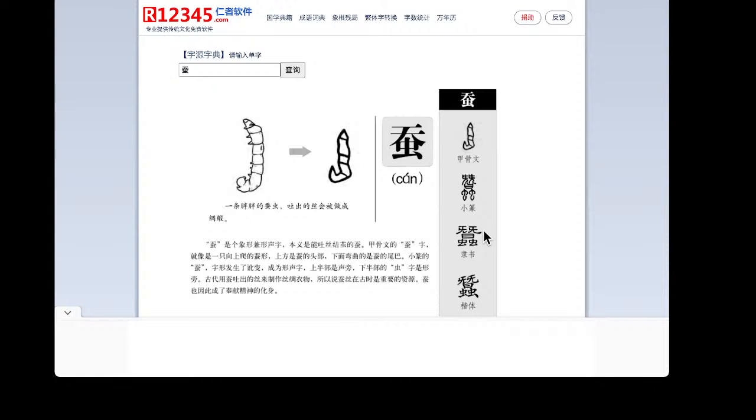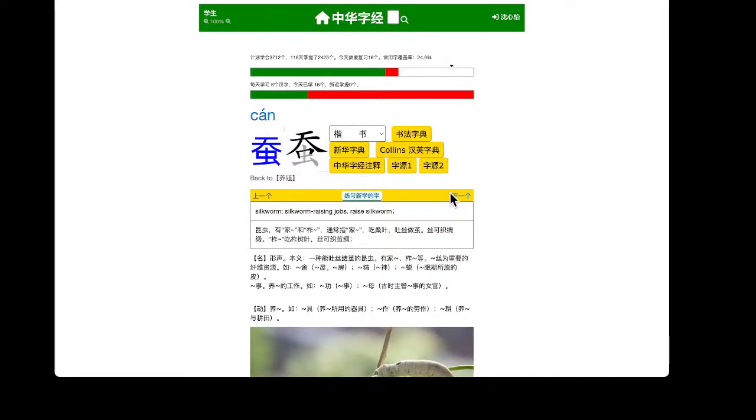I don't remember what it means though. It's like a grammatical particle or something, so it doesn't really even have meaning. Yeah, so I don't even know. Moving on.